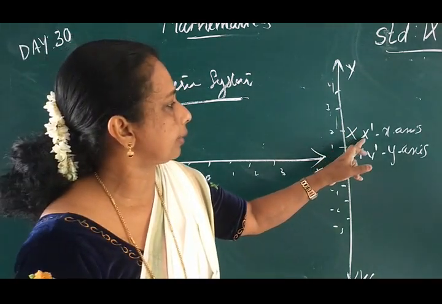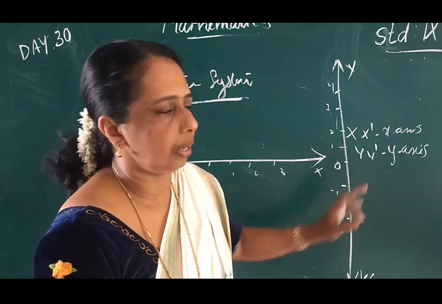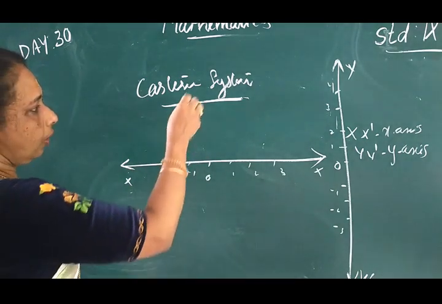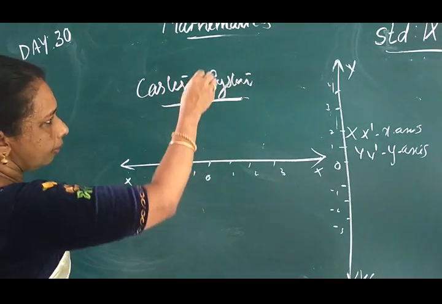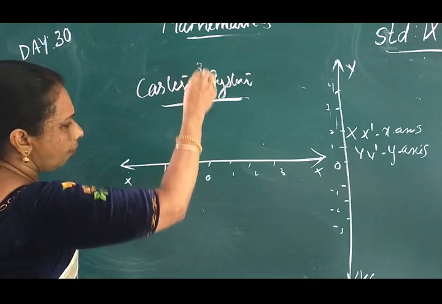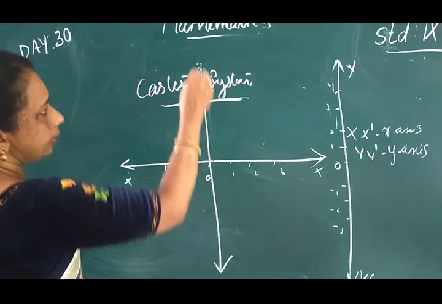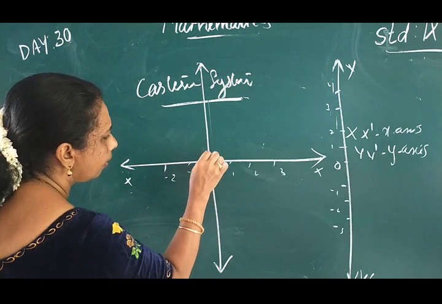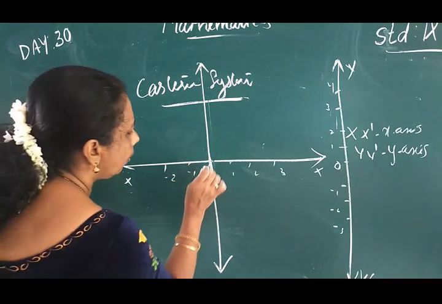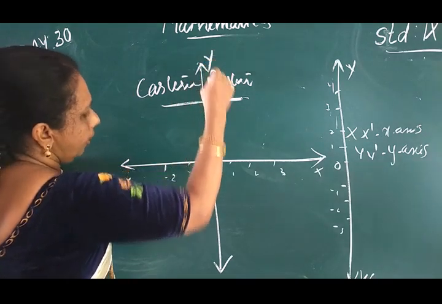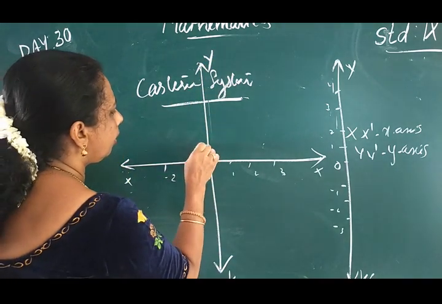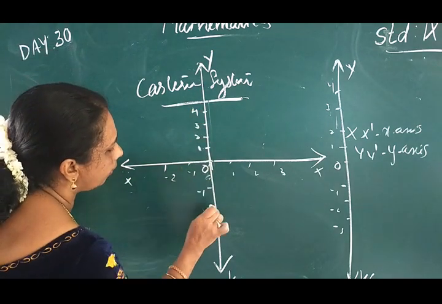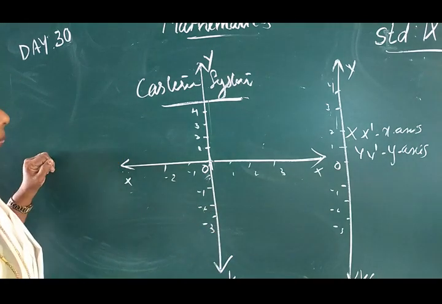For the x-axis we draw X dash, for the y-axis Y dash. The x-axis and y-axis intersect at the point origin, that is O. Here plus 1, plus 2, plus 3, plus 4, and here minus 1, minus 2, minus 3.